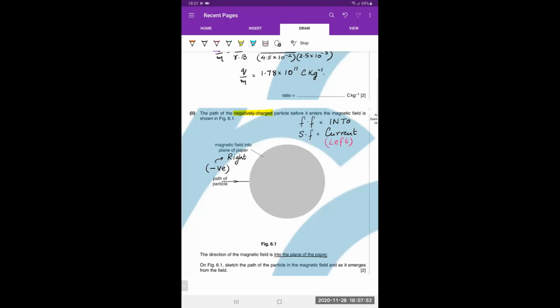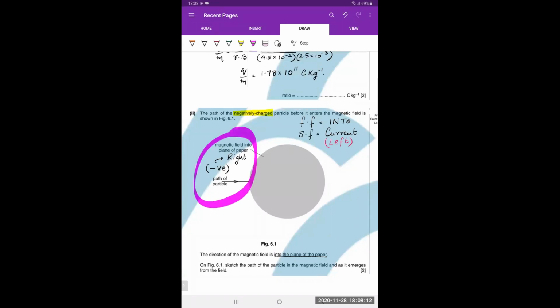This is important, remember it. First finger for magnetic field, that is into the plane of the page, given to us in the question. Second finger represents current.